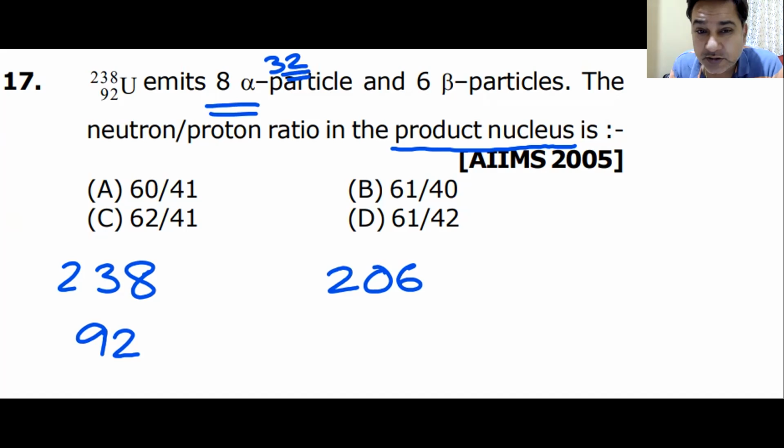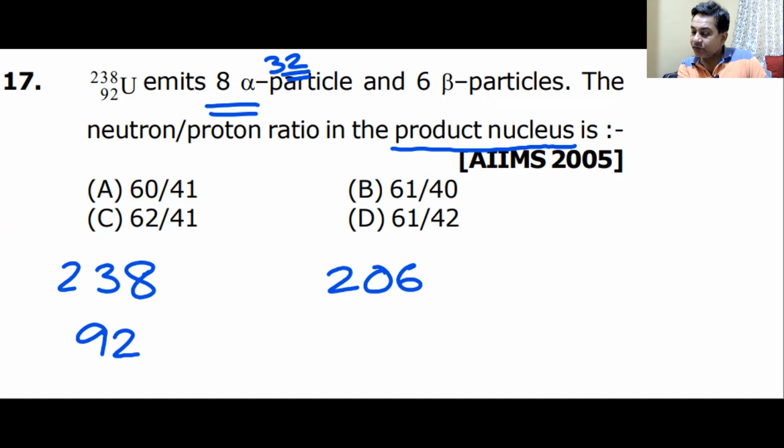Mass number decreases by 4, atomic number decreases by 2. Great. What happens in beta negative decay? Mass number is constant. Atomic number increases by 1.